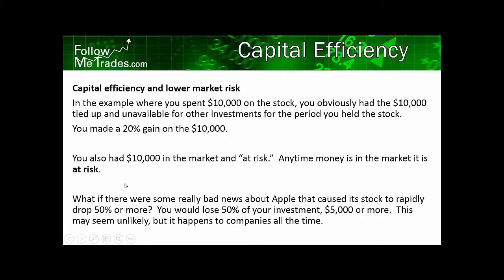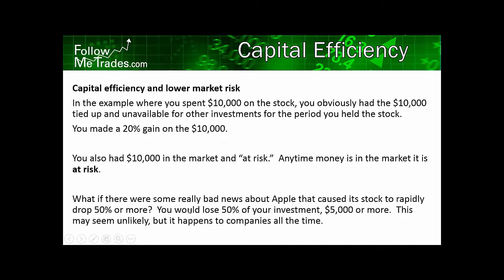Apple's pretty stable, but Apple has dropped like a rock sometimes, unexpectedly, on bad news, even though it's a big, popular company. So if you're sitting there with 10 grand in stock and some really bad news comes out, and what if it dropped 30, 40, 50%? Well, you would lose that much, even if you had a stop order in place, right?